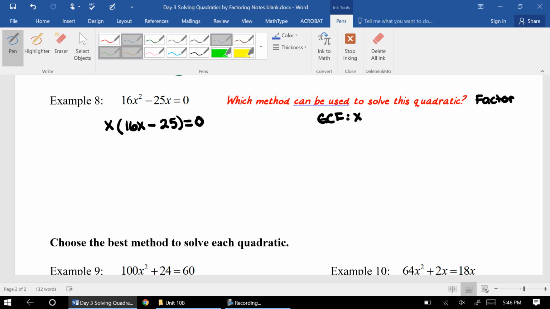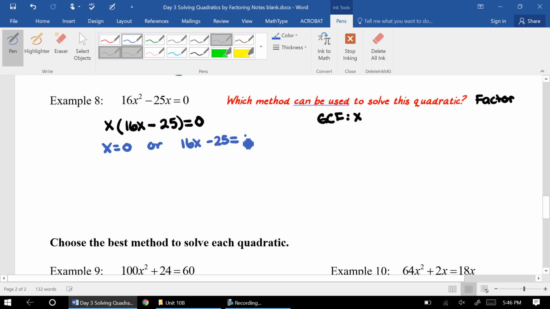So I can go back and say, oh, x equals 0, or 16x minus 25 equals 0. And to finish solving this one, I'm going to add 25 to both sides, divide by 16. So x equals 25/16. So be careful, I'm not taking the square root of these numbers, even though they look really inviting. My solution then is 0 and 25/16.